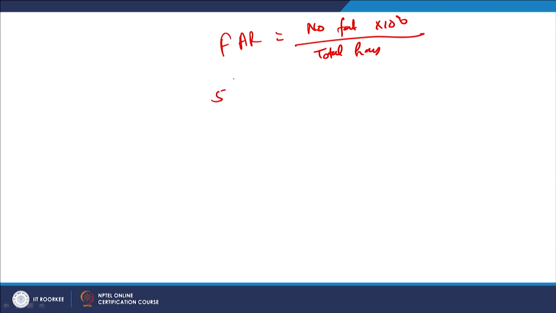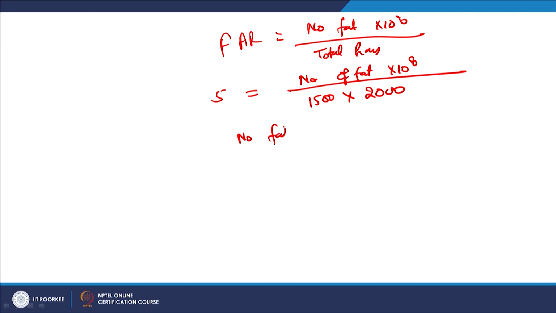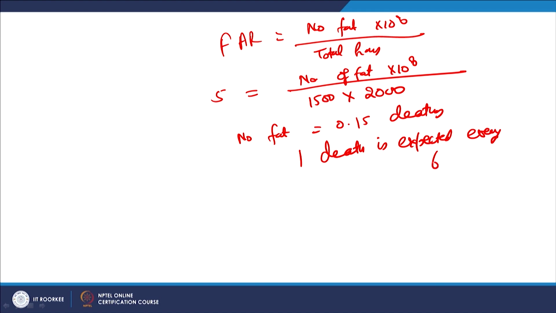It is given that FAR is 5, so number of fatalities into 10 to the power 8 divided by 1500 into 2000. The number of fatalities comes out to be 0.15 deaths. In other words, one death is expected every 6.6 years. That is the answer.